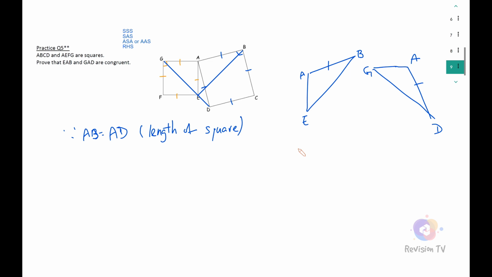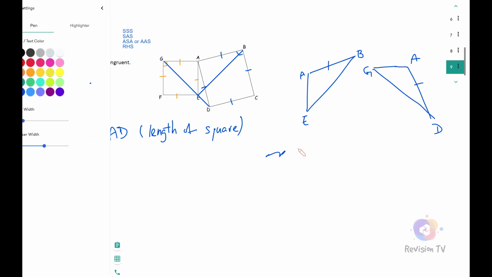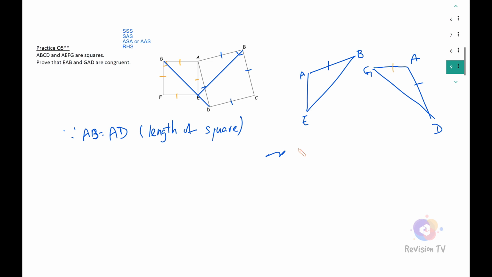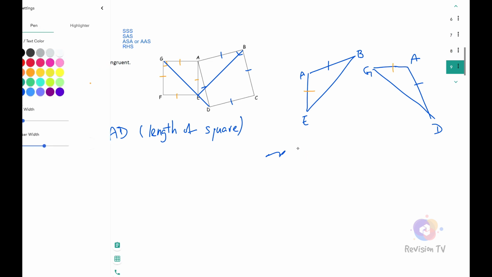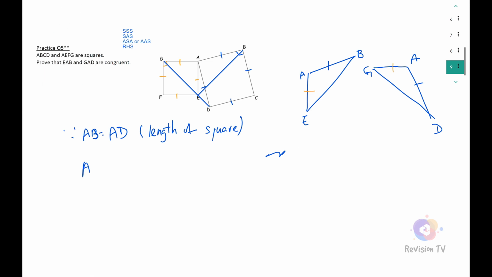So next, what do we know? We know AG is the same as AE. Lovely. So AG is the same as AE, again the same with the length of a square.